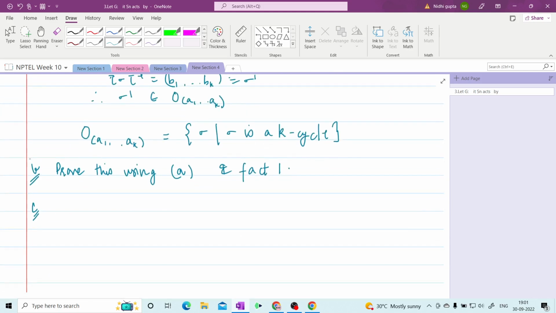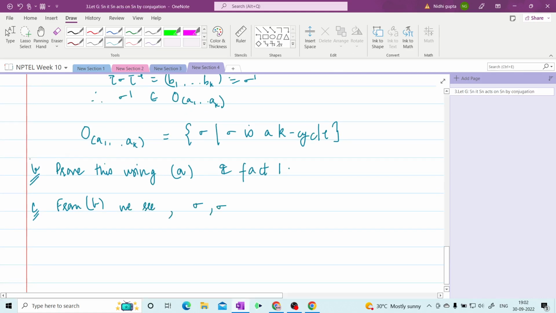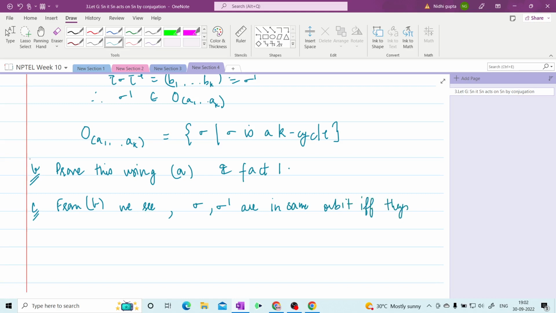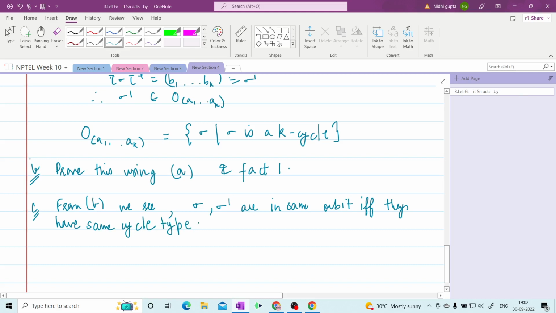So from B we see sigma, sigma dash are in the same orbit if and only if they have the same cycle type, therefore the number of orbits equals the number of cycle types.